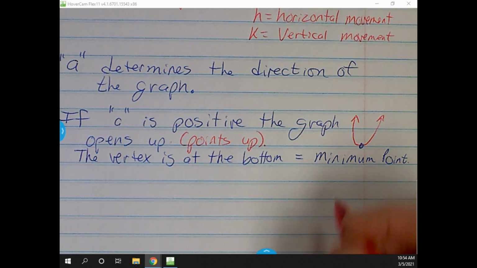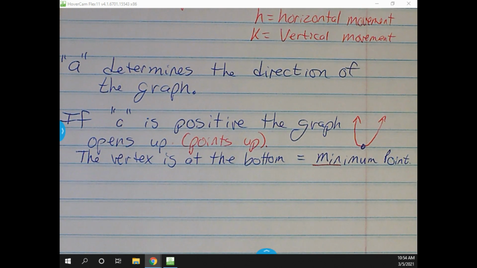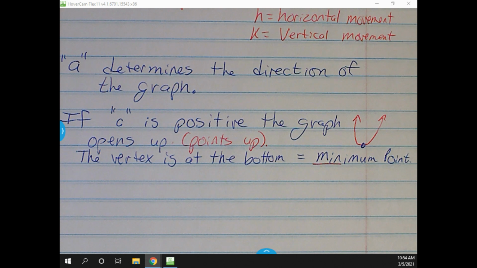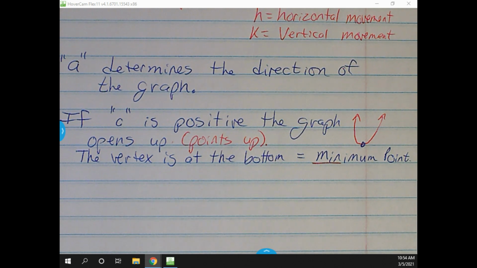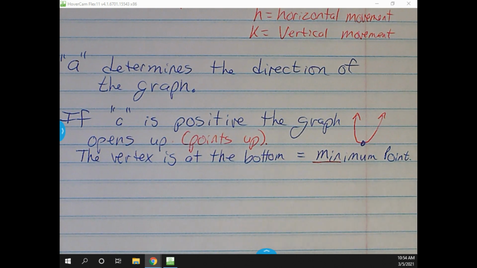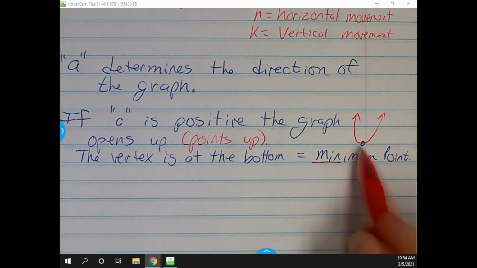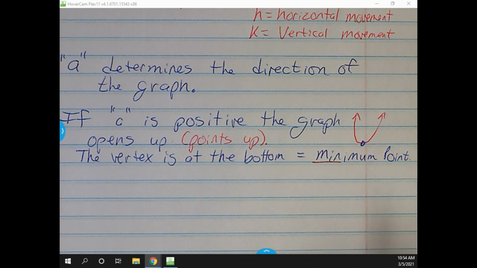For what we're going to do, most of the time, we'll just make it short and easy and say max or min. But a lot of times in the homework, they'll have maximum or minimum. So the big thing is, if a is positive, you just draw a quick sketch of the graph. The vertex is at the bottom, and that means it's a minimum point, because that's the lowest value you can get on this graph.